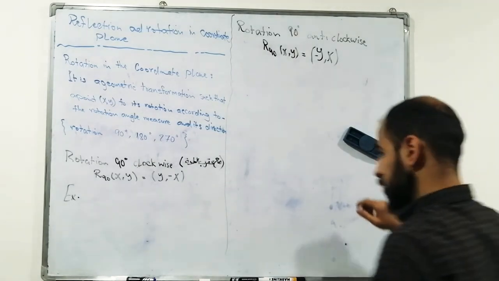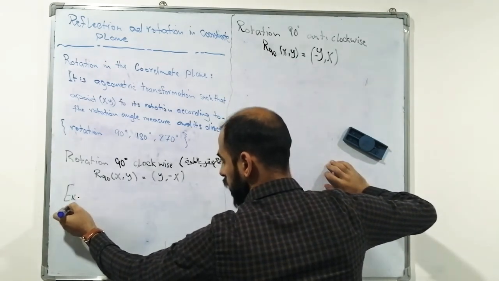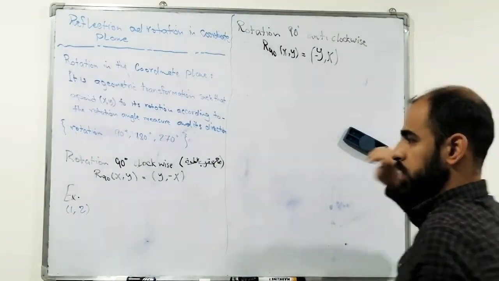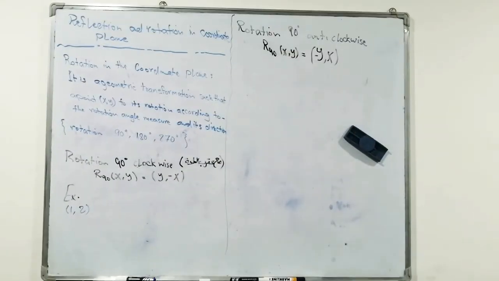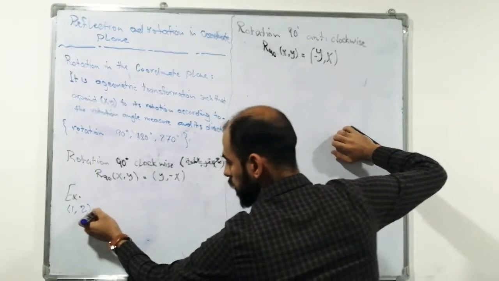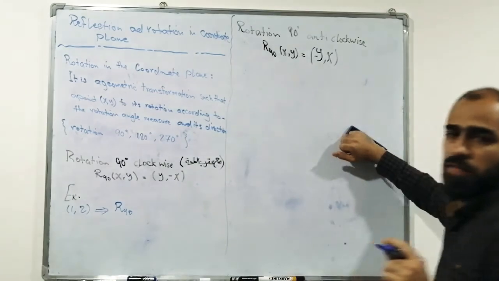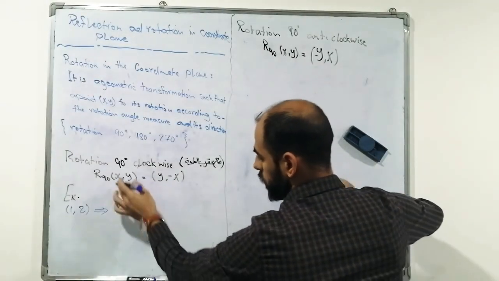Find the rotation of the point 1, 2, 90 degree clockwise. R 90, because we have rotation 90 degree clockwise, we will use the first rule.